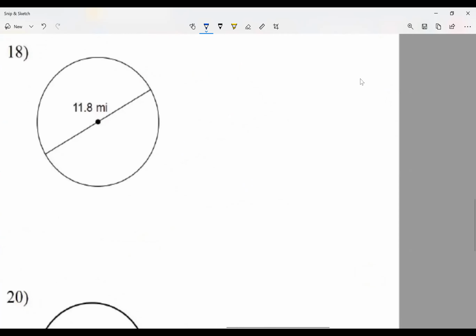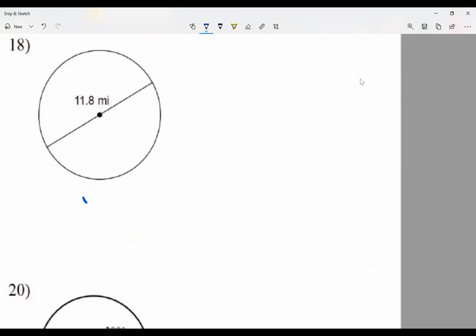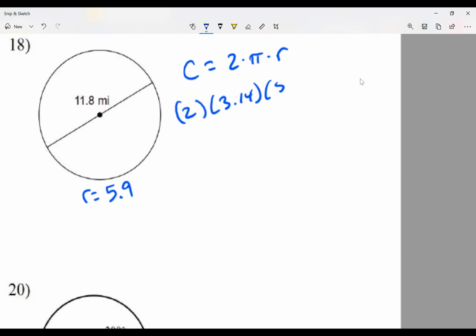Same idea for number 18. I need the radius. The diameter is 11.8, so the radius will have to be 5.9, which is half of 11.8. I just went 11.8 divided by 2. For my circumference, I know the distance around the circle is 2 times pi times the radius. So I'm going to go 2 times 3.14 times 5.9.